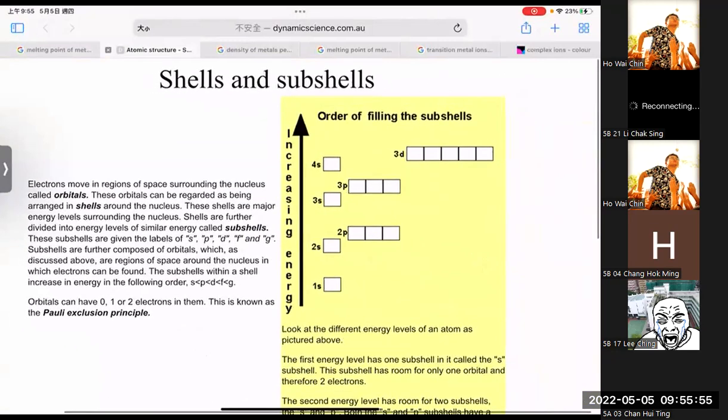The 3D orbital is just a subshell of the third shell, because I've said before, we have got 18 electrons as the maximum accommodation number. 最多係18啊嘛，係咪？ But you may find the filling of the electrons should go in this order.